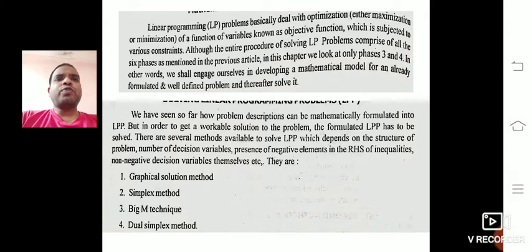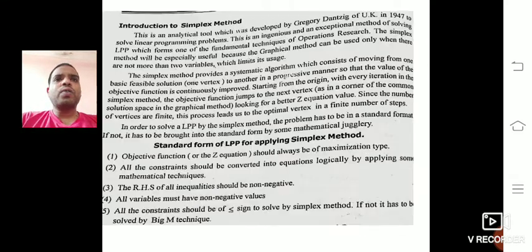The graphical solution method you have already discussed in the first model. In this second model, that is LPP, we are going to discuss the simplex method and big M technique. Now let us go for the simplex method.